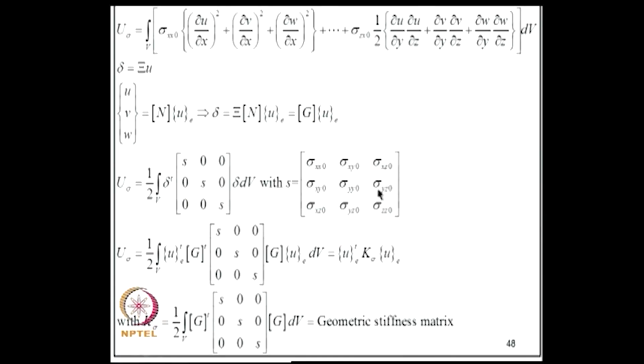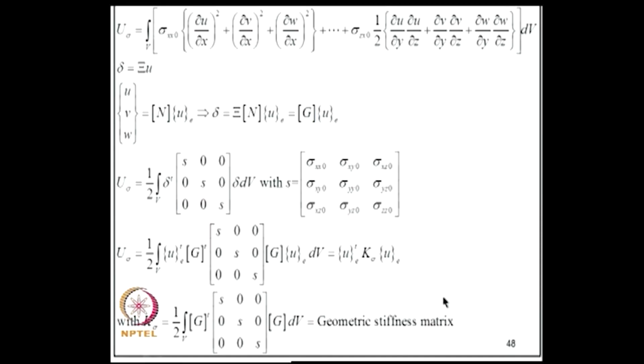S is a stress matrix due to initial stresses. Now, for delta I make the substitution G into u v, and I get u sigma as u e transpose k sigma u e, where k sigma is the integral of G transpose into the stress matrix into G dV. This is the geometric stiffness matrix in its general form.